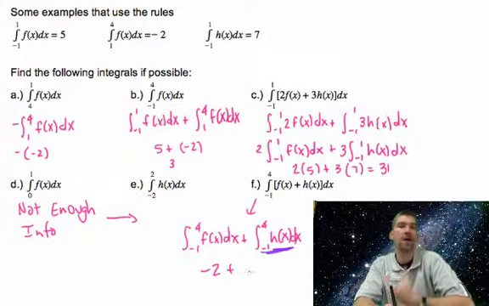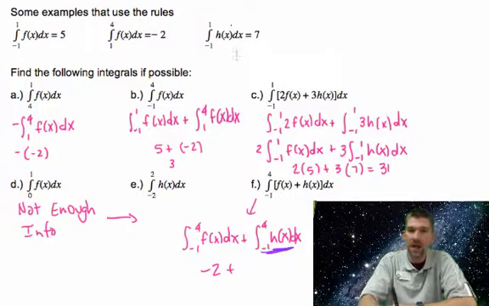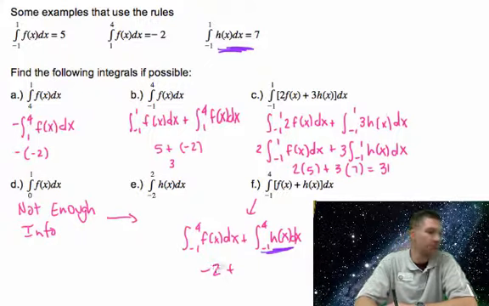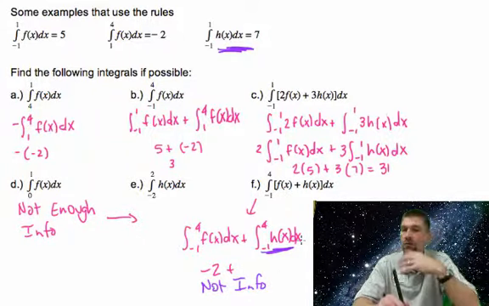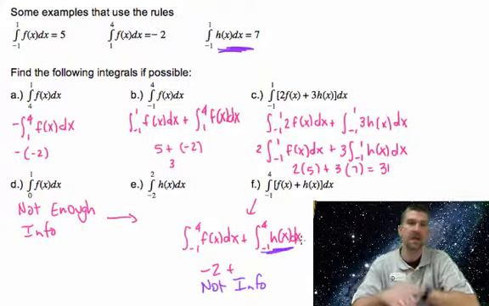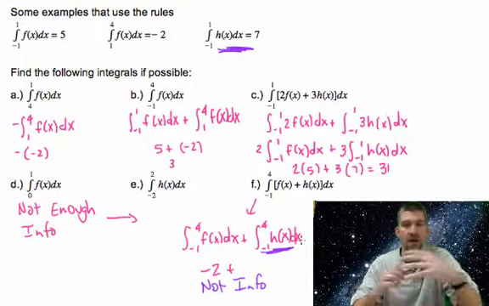I don't have a rule to go from -1 to 4. I've only got one h of x guy, and he goes from -1 to 1. So this guy also would be not enough info. Like, I need a little bit different info, maybe another integral to look at to figure out exactly what's going to work best to add those together.